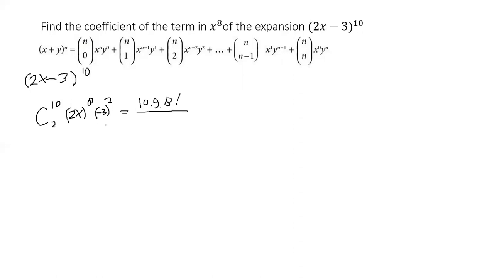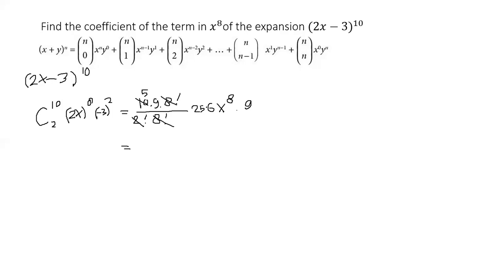Because 10 minus 2 equals 8. Over 2 factorial times 8 factorial, and 2 to the power 8 equals 256, x to the power 8 times 9. Divided becomes 1. 10 divided by 2 equals 5.